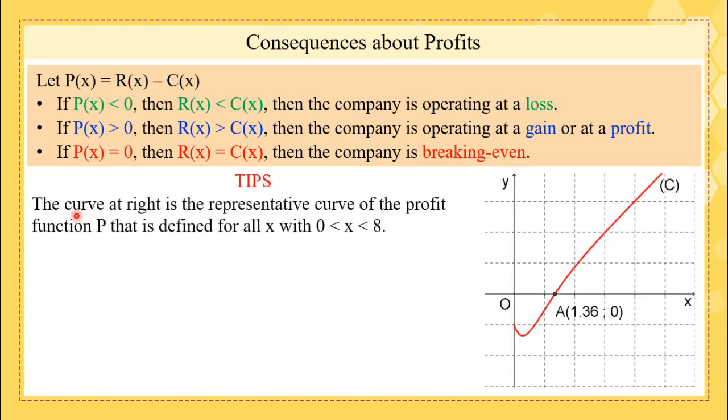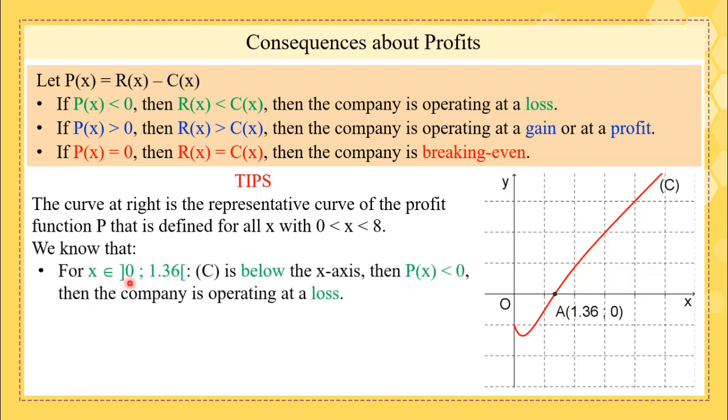Tips. The curve at right is the representative curve of the profit function P that is defined for all x with x between 0 and 8. We know that for x belonging to the open interval 0 and 1.36, C is below the x-axis, then P of x less than 0, then the company is operating at a loss.